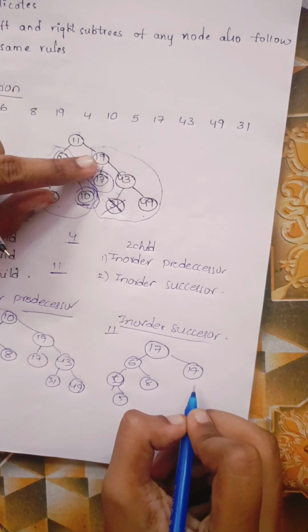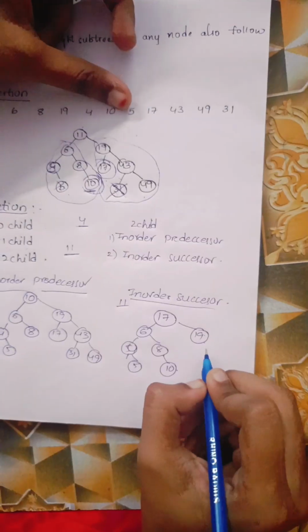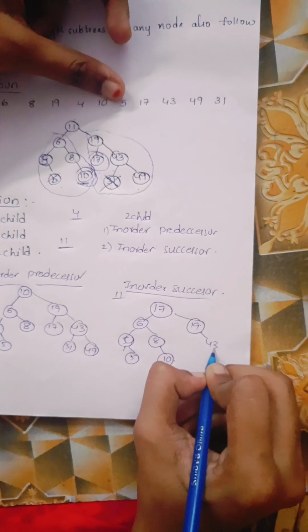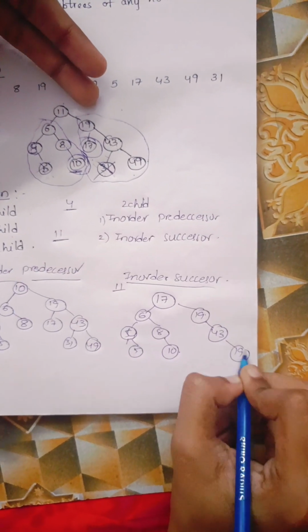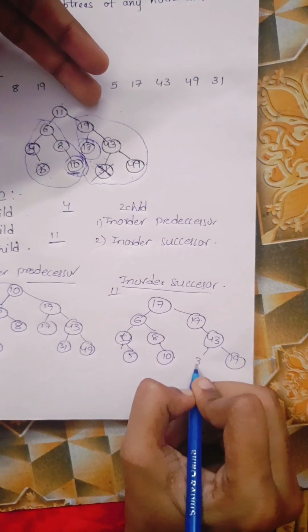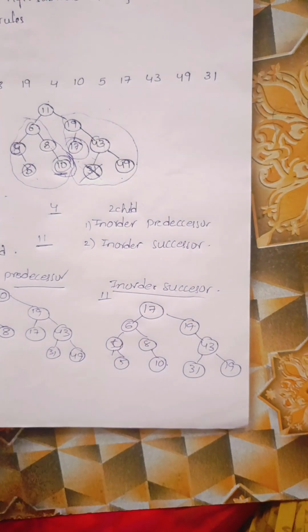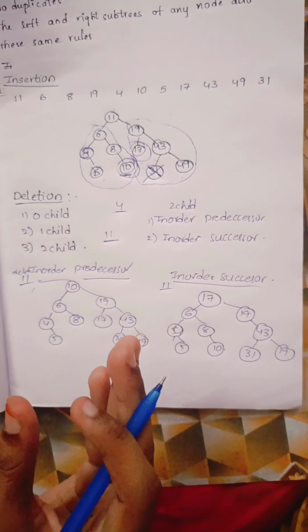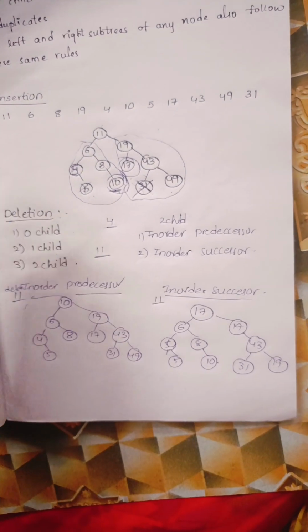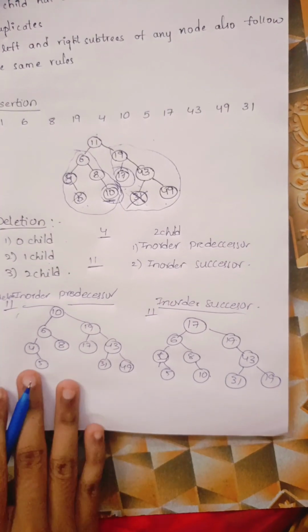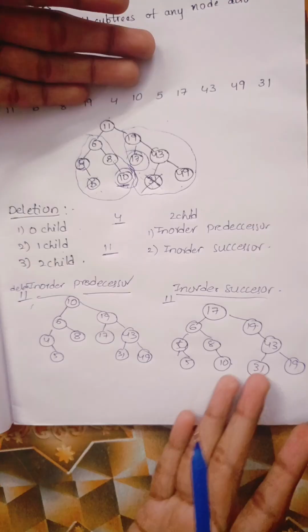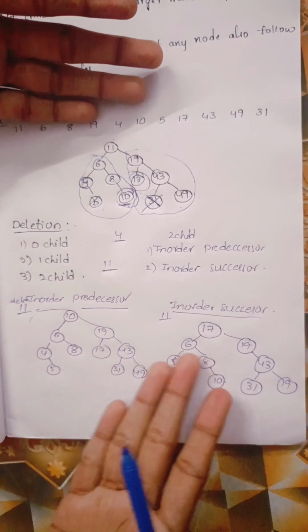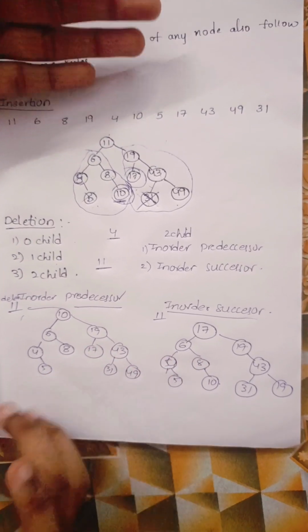Just leave the 17 from this right subtree and add the 17 to the root node. And this is how we need to do deletion in BST. This is the process, and the final output is this. We can take any of these, no problem.